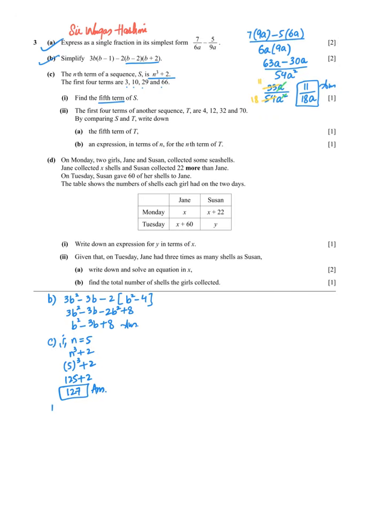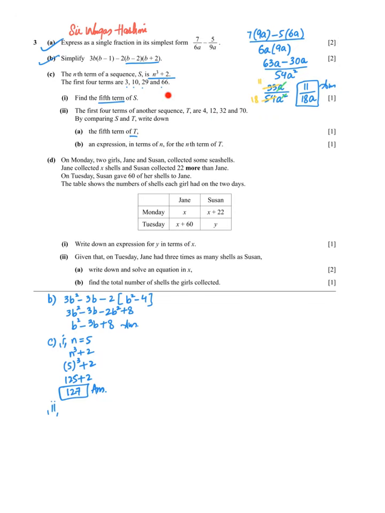For C part 2, it says the first 4 terms of another sequence are 4, 12, 32 and 70. By comparing S and T, write down the fifth term of T. So the terms of T you have are 4, 12, 32 and 70. So we need to build a relation with this one. If it's 3, it's 4. So for the first term, the difference is 1.